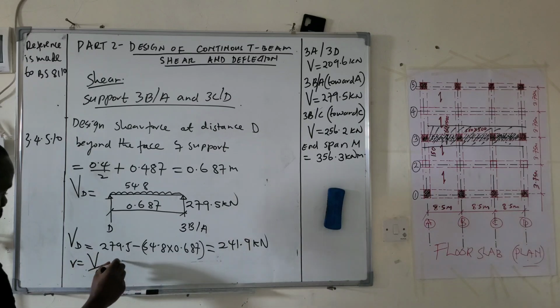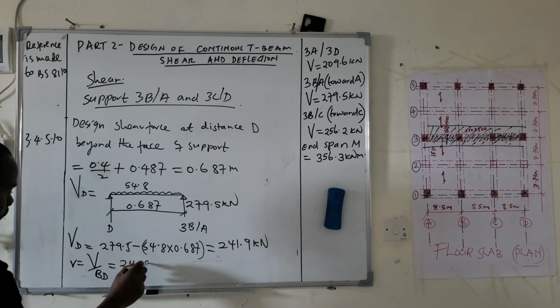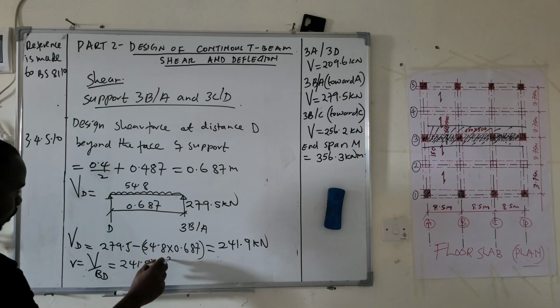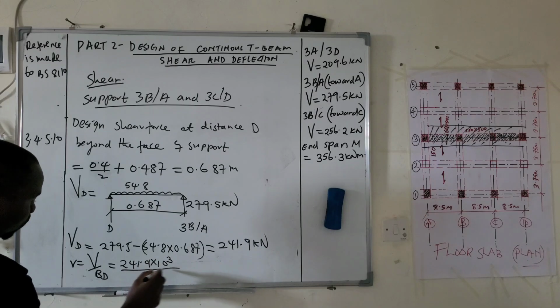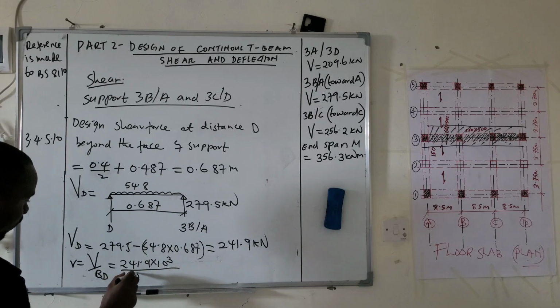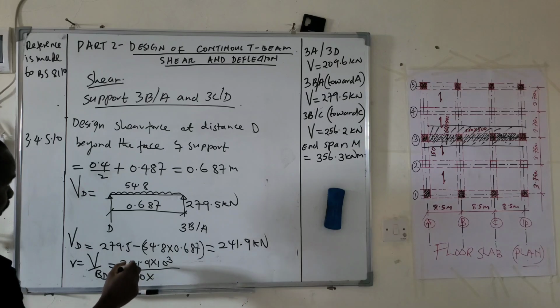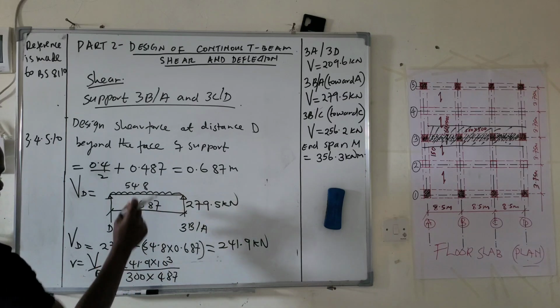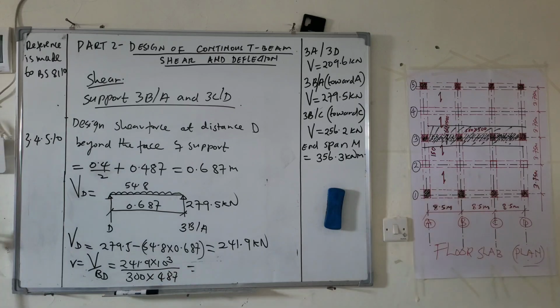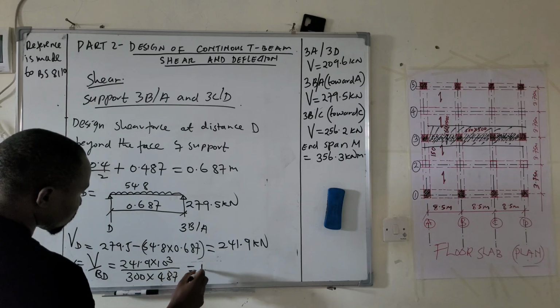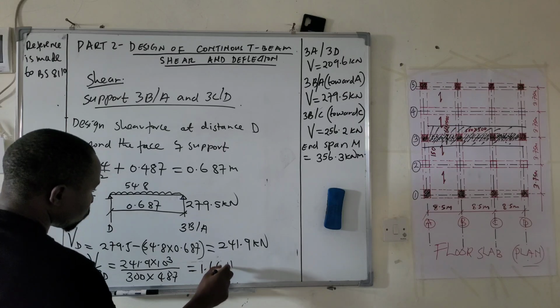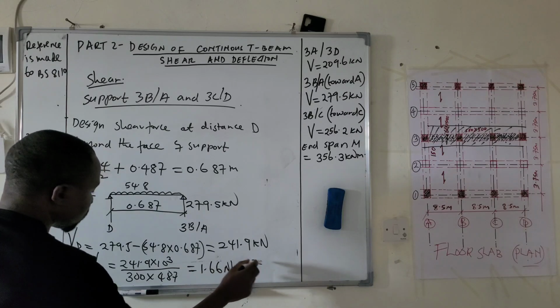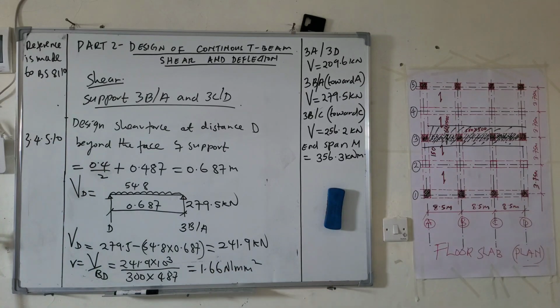So that is 241.9 times 10 raised to the power 3 over B, which is 300, times D, 487. So this one is equal to 1.66 Newton per millimeter square.